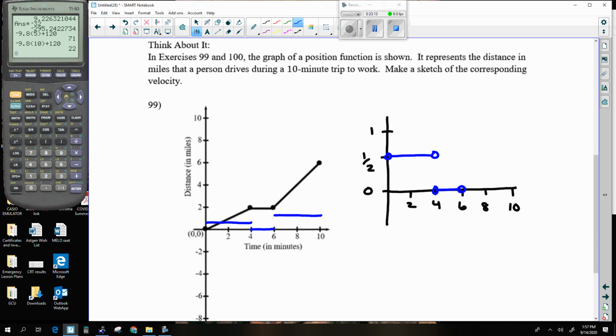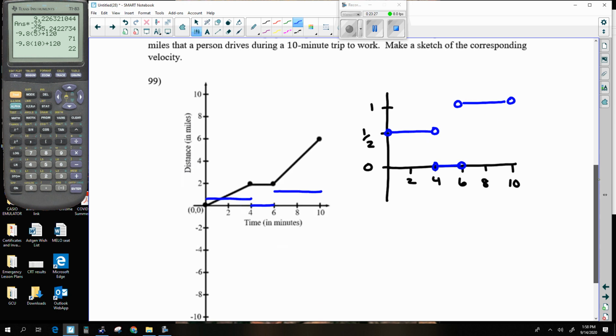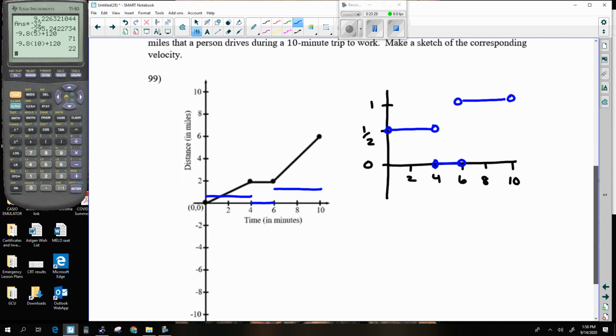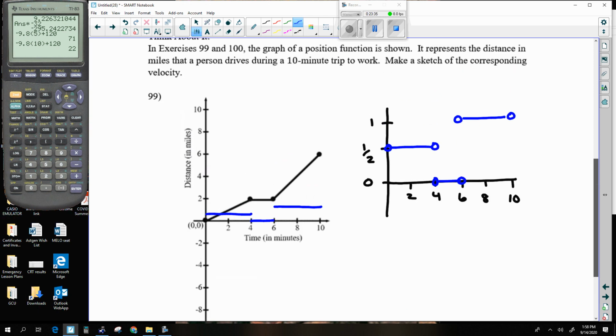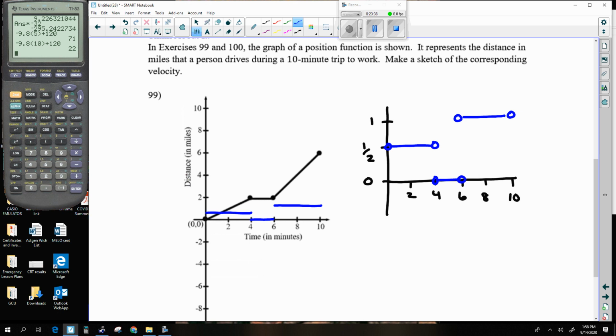And then it instantly changes to 1. Again, this is the derivative. This is velocity, aka the derivative, the slope of position.